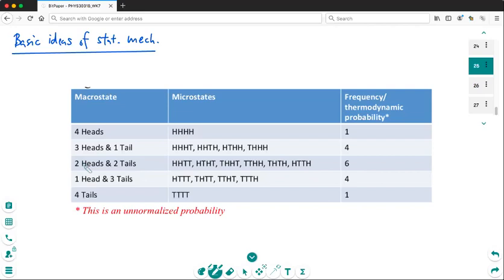Nearly done. Okay, Poon has the answer. This particular macrostate has higher probability because it has 6 associated microstates, and all of these can happen with equal probability. So you have equal probability of having HHTT and HTHT somewhere, but both of them correspond to the same macrostate.